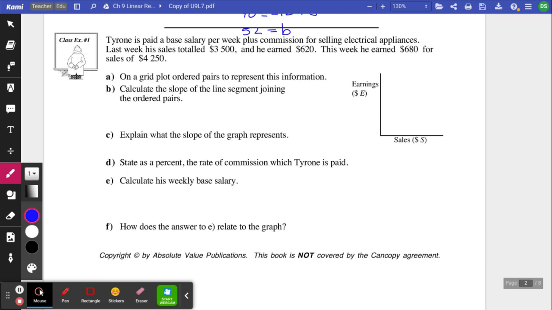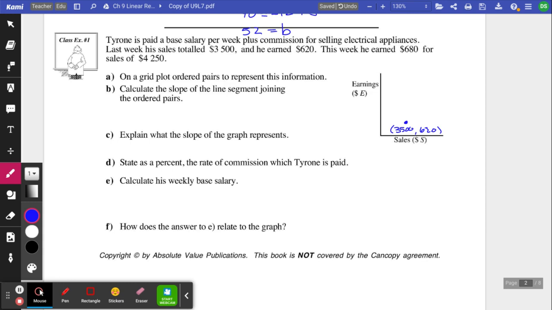So it says sales are $3,500, so I'll just go over here and you earned $620. Let's make this be 3,500 on the sales and 620. Just kind of a thrown up point. And then it says the next one, sales were 4,250, so higher.